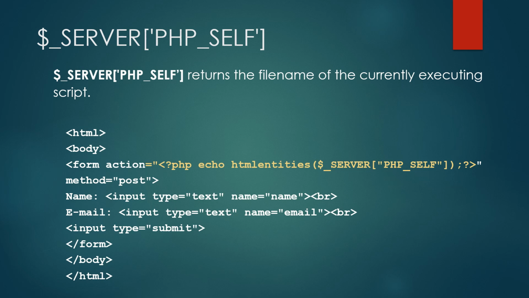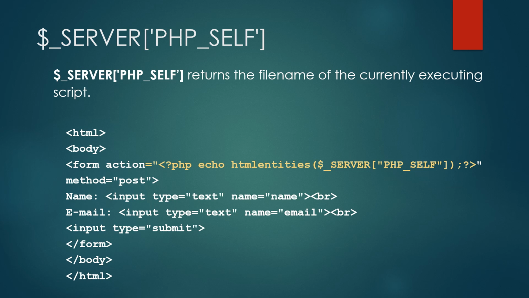But using the PHP self variable, we can write more generic code. Now, sometimes this makes our form open to exploits, but we can still protect our form by encoding the HTML entities. So we add this to the action, and then it's sanitized.